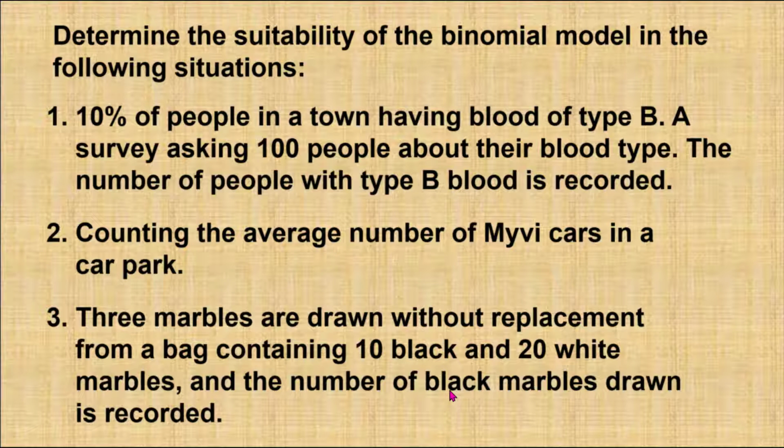However, the probability of obtaining a black marble is not the same every time, because the marbles are drawn without replacement. The marble drawn first will affect the probability of later marbles. Therefore, it is not suitable to be modeled as binomial.